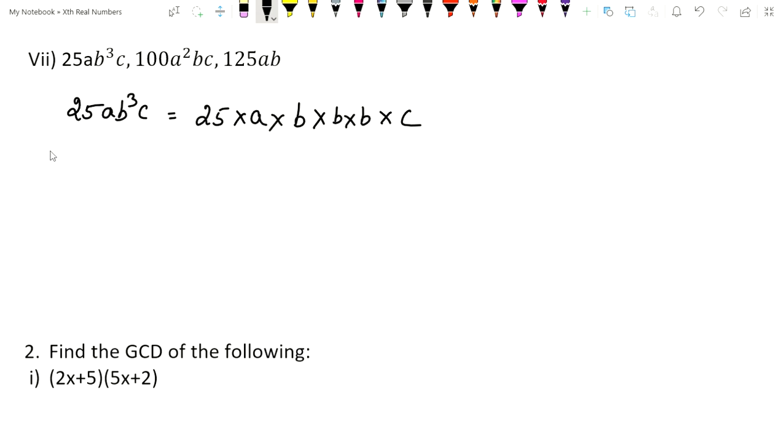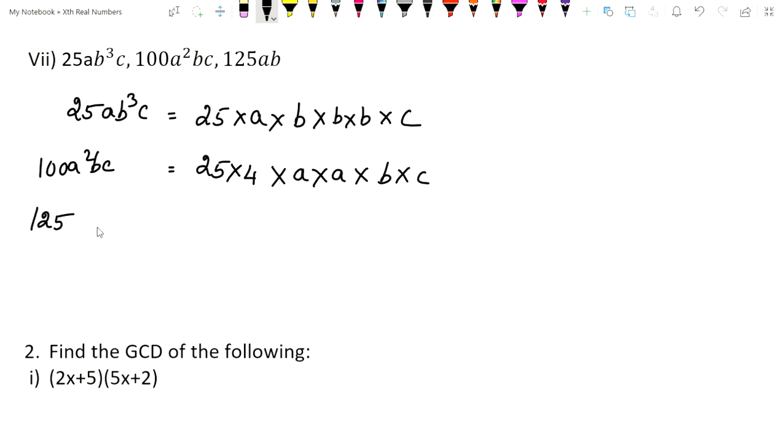Next 100 a square b c equals 100, how can you split? Here 25 is there, so 25 into 4 into a square, a into a, into b into c. Next 125 a b equals 25 into 5 into a into b.